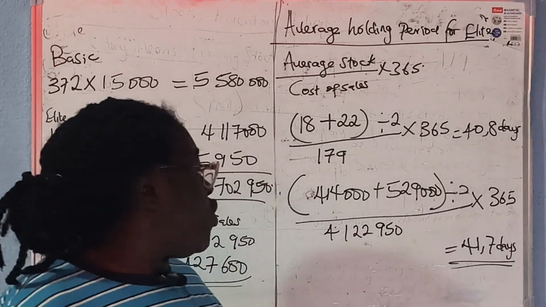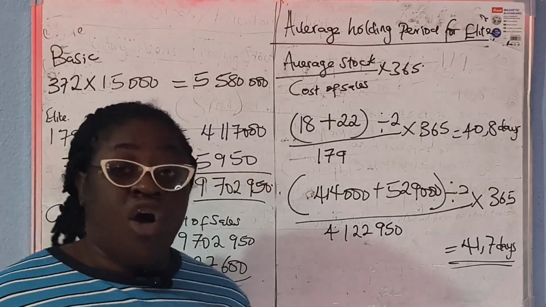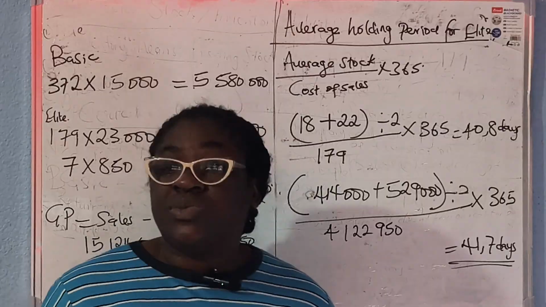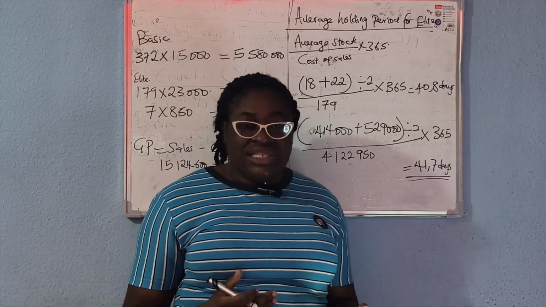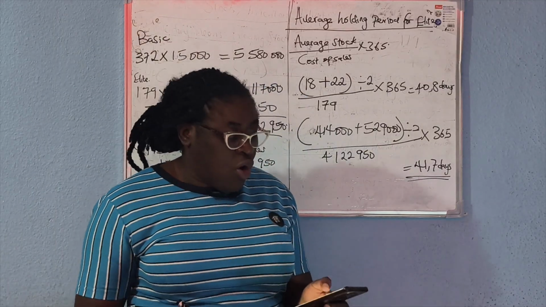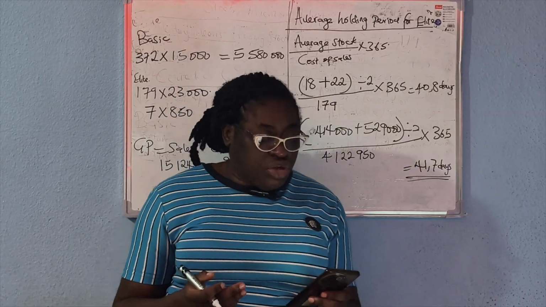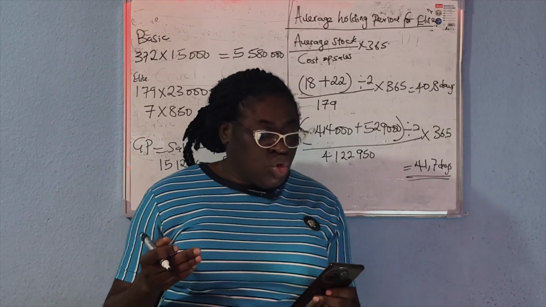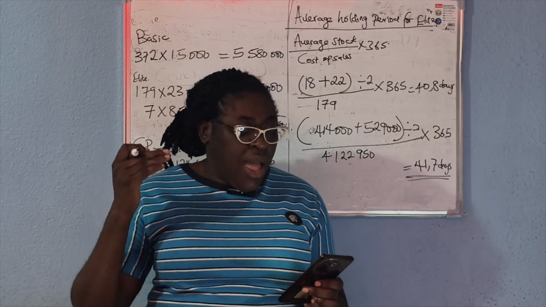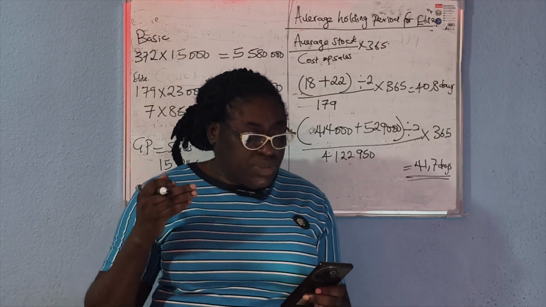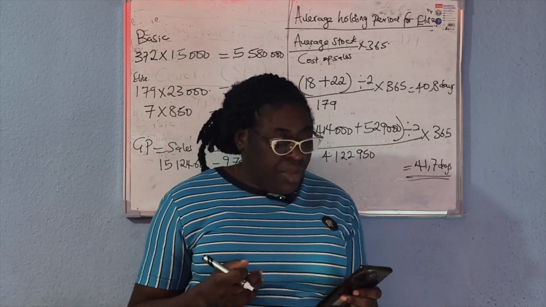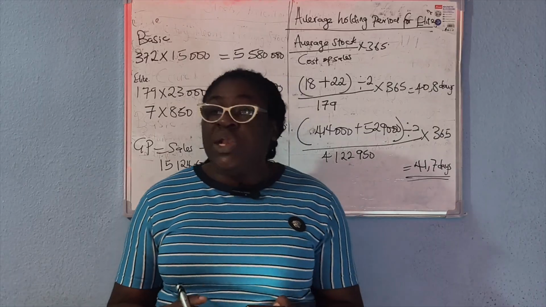If you calculate the percentage of stock that was sold with basic, you'll find that it is higher than that of Elite. So all these 3 points show that yes, the owner should be happier with basic than with Elite.